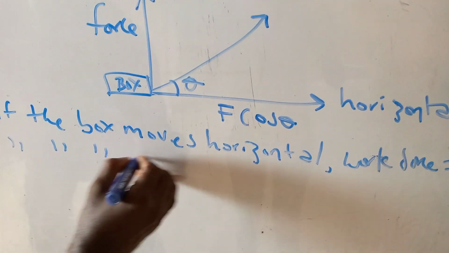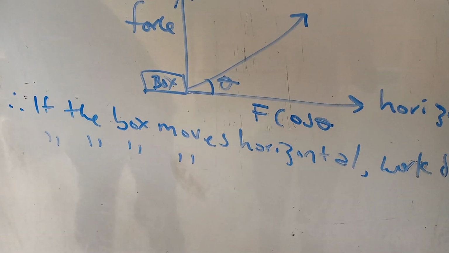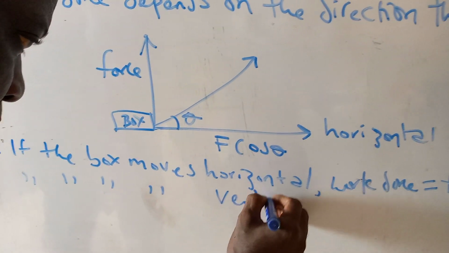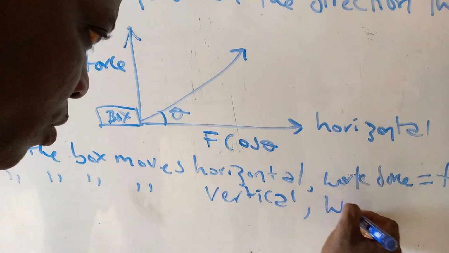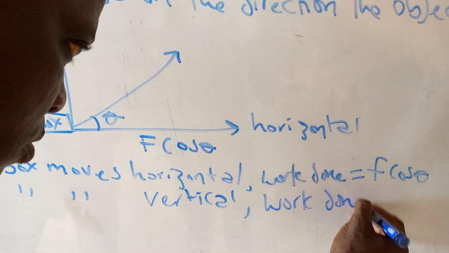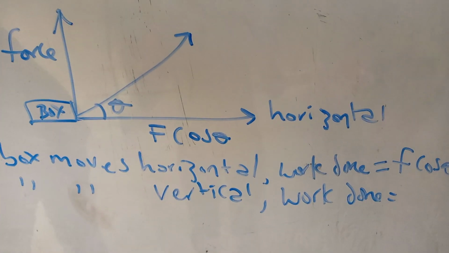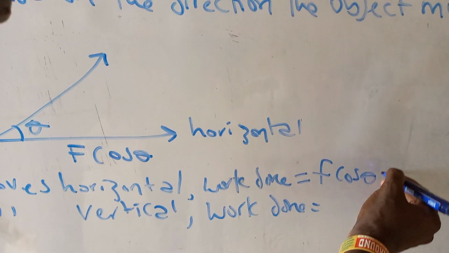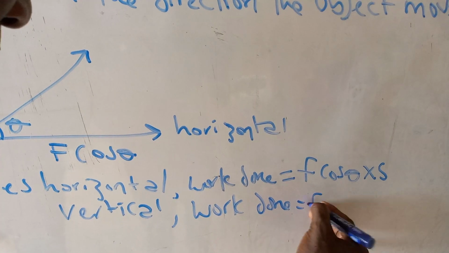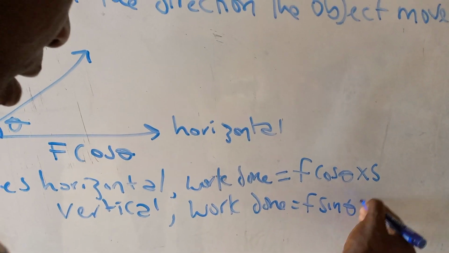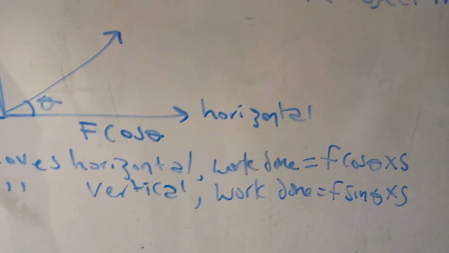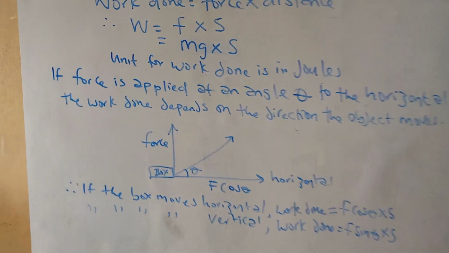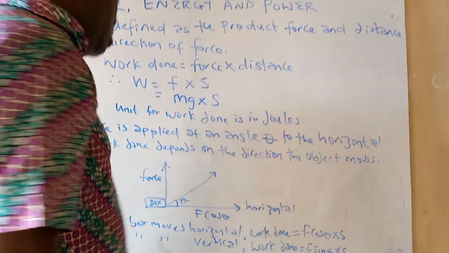If the box moves vertically, the work done will be equal to F sine theta times distance. The work done will be that. Beautiful. And I told you, work is measured in joules.